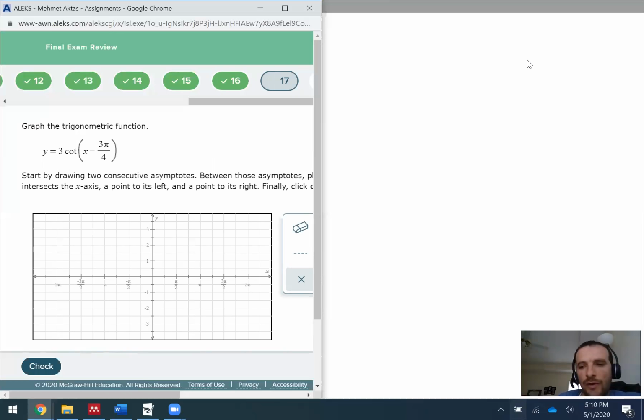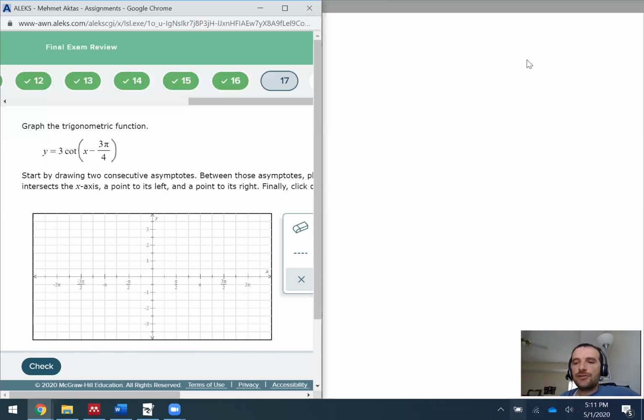First of all, where are the vertical asymptotes of cotangent? Cotangent is cosine over sine, right? So we have an asymptote when sine is equal to 0. Sine is equal to 0 for 0, right?